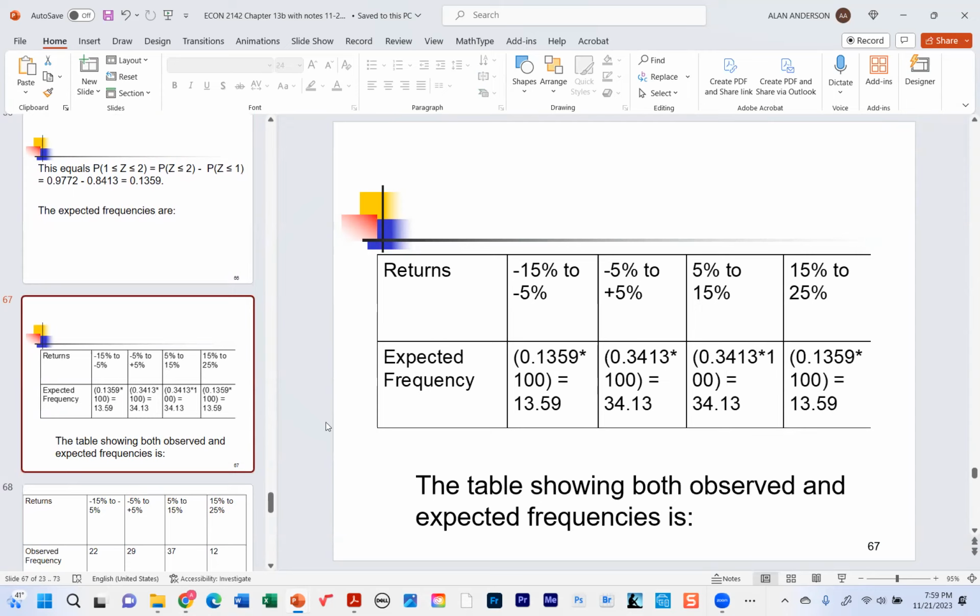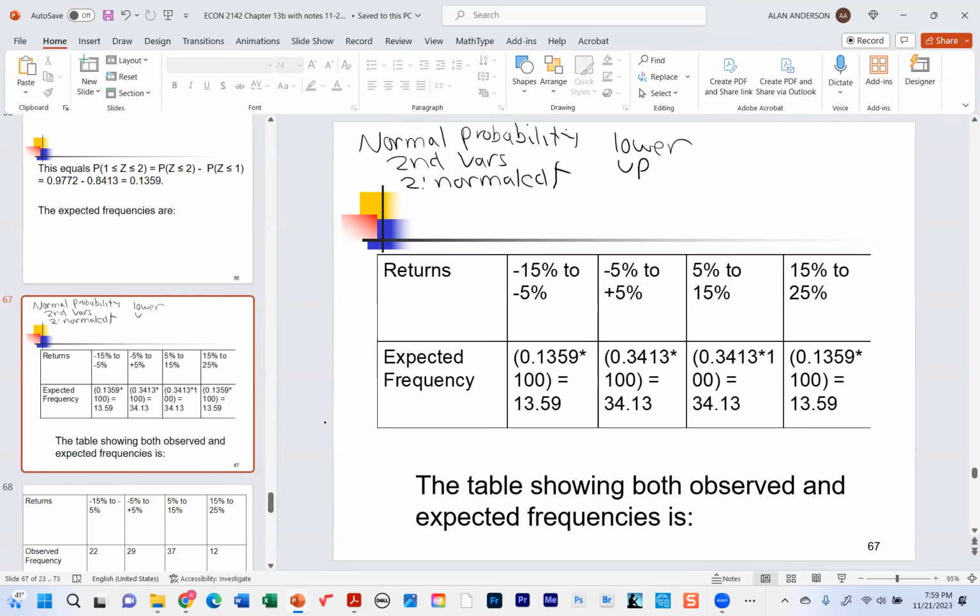But just don't forget, to calculate a normal probability, what you're actually doing is going to second vars and choosing number 2, normal CDF. And it needs to know 4 things: the lower limit of your interval, the upper, the mean, and the standard deviation.